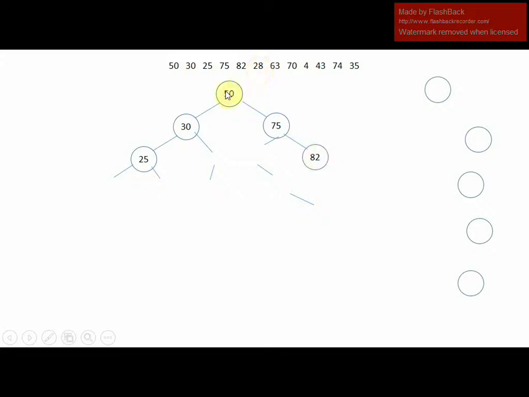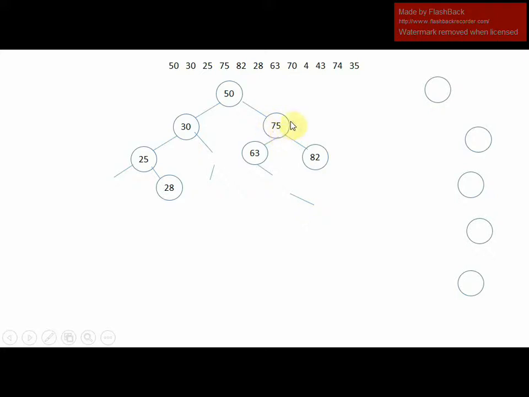28, less than 50, less than 30, more than 25, so this time we're going to start to put it on the right hand side. 63 is more than 50, however, it is less than 75. 70 is more than 50, but it is less than 75.